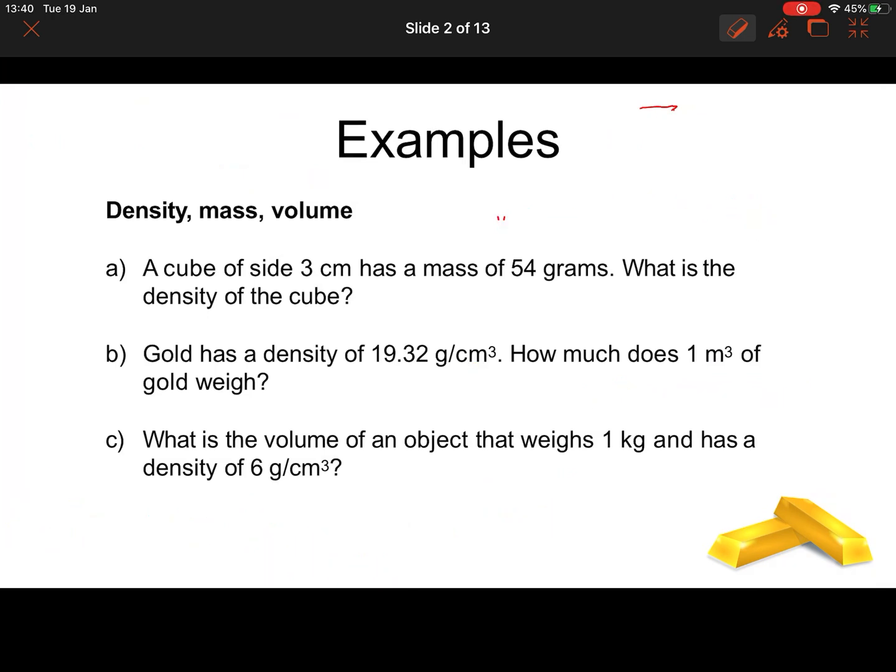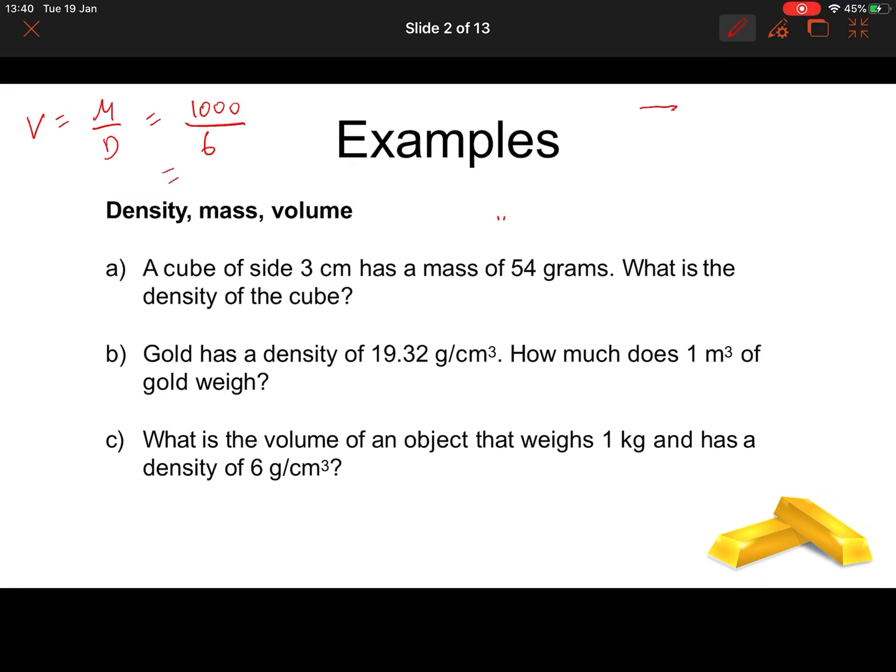Right, now we're asked for the volume of an object. So again, volume is equal to mass divided by density. Okay, what is the volume of an object that weighs 1 kilogram and has a density of 6 grams per centimetre cubed? So again, let's change that 1 kilogram into 1,000 grams. So we know the mass is 1,000 and the density is 6 grams per centimetre cubed.